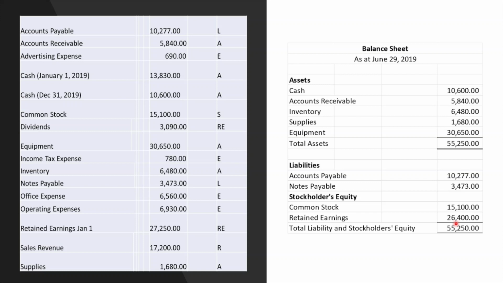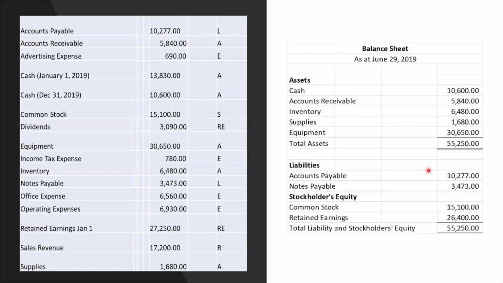And we can see the total liabilities is what? Is less than 15,000. This is 13,007 something. That's the total liabilities. And the stockholders' equity is 15,000 plus 26,000, that is 41,500.